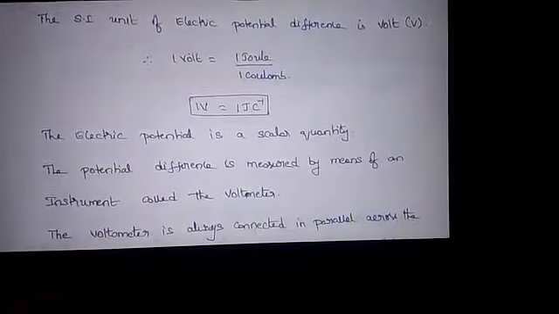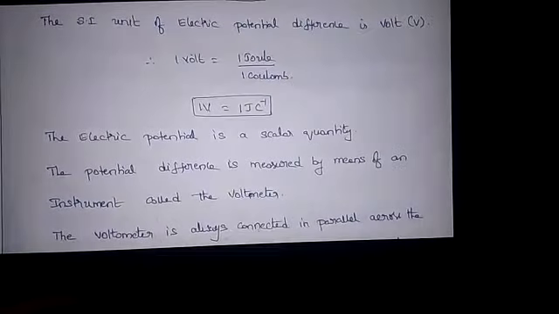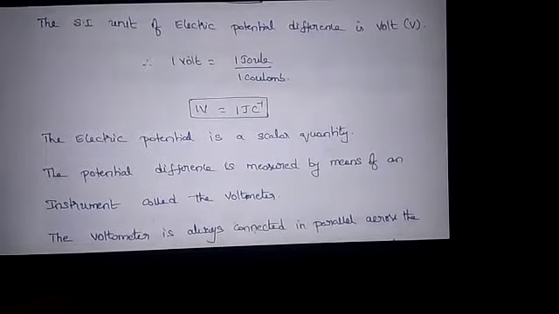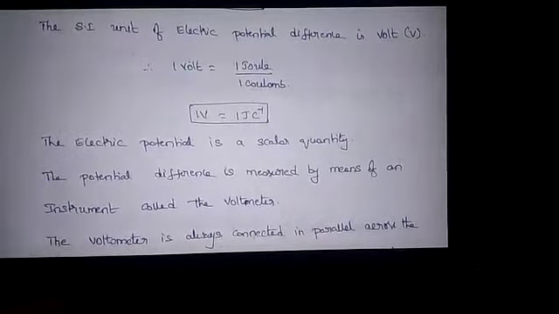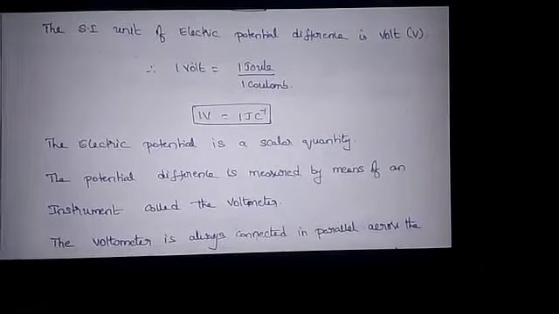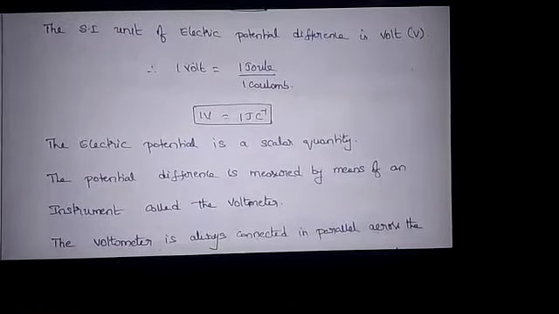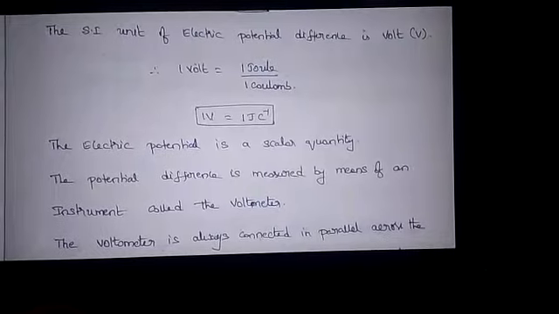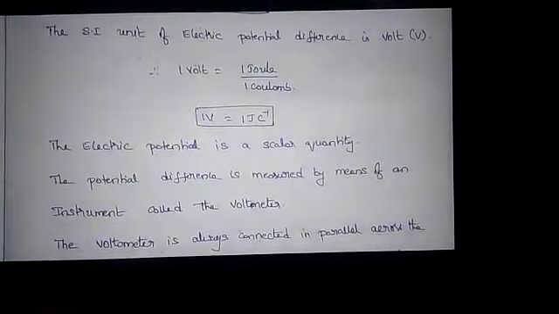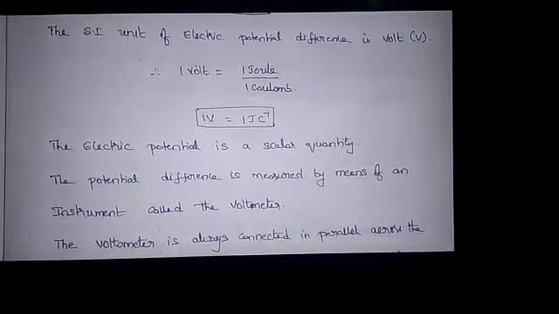The potential difference is measured by an instrument called a voltmeter, which measures the voltage in the circuit. We can observe that in the instrument's name, voltmeter.